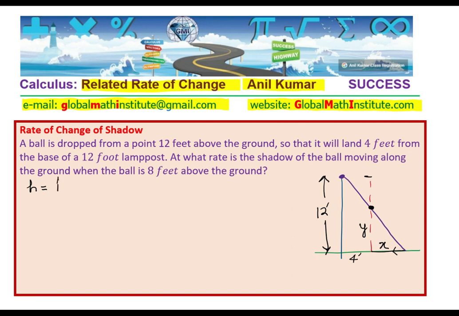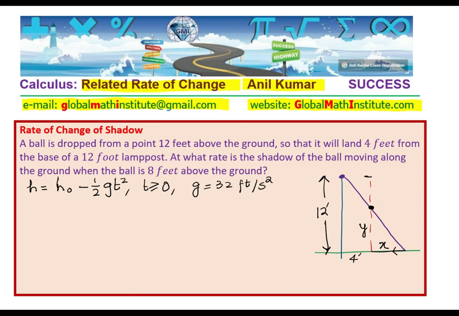Let me write h0, give you a formula first. Now since it's falling, it is decreasing at the rate of half g t square, where of course t is greater than or equal to 0 and g, since we are talking about feet, is 32 feet per second square. Make clear?